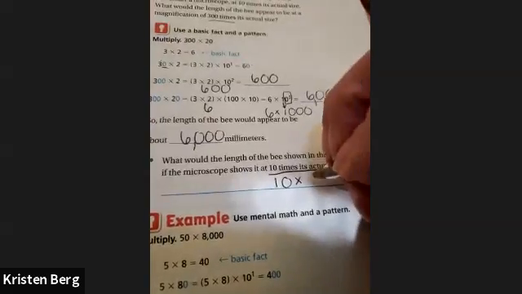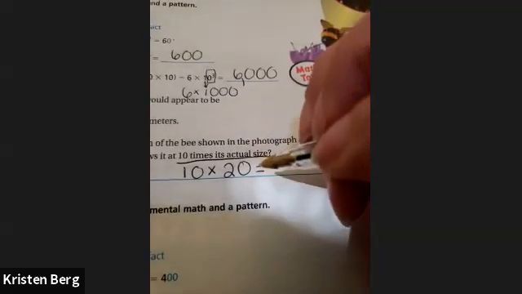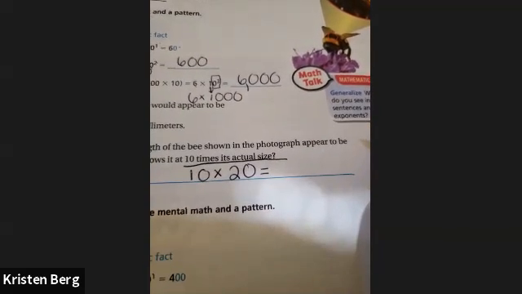And the actual size up here, remember, was 20 millimeters. So I'm just going to make it a quick way. They want you to do the pattern, but the pattern is not necessary, so don't think you have to do it. How many zeros are at the end? There is 2. So you would just put 2 zeros, leaving you with 2 times 1, which is 2. So your answer is 200 millimeters.